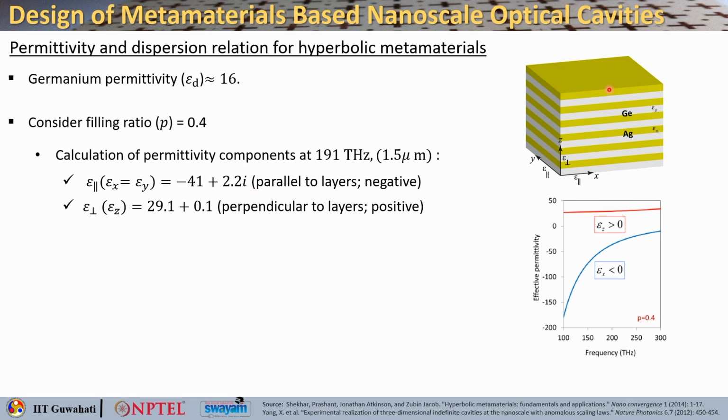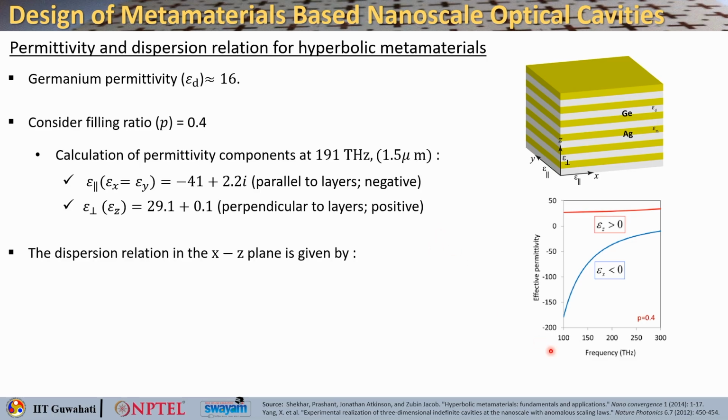So, that is basically the permittivity along the layers, and that is coming out to be negative, and the perpendicular one is coming out to be 29.1 plus 0.1 i. So, that is basically positive permittivity, right.